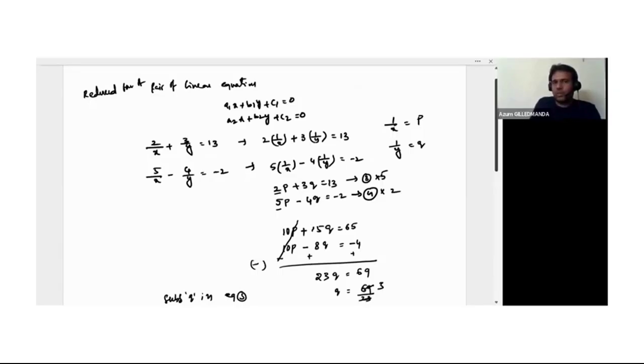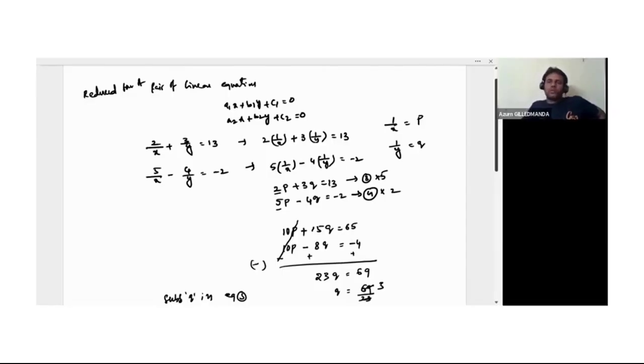So what is common here? 1 by x and 1 by y is common. So I assumed 1 by x and 1 by y as p and q. And then I simplified those equations by replacing 1 by x as p and 1 by y as q. Then I got those into a pair of linear equations with p and q as the variables.